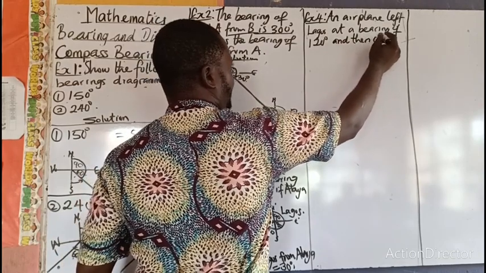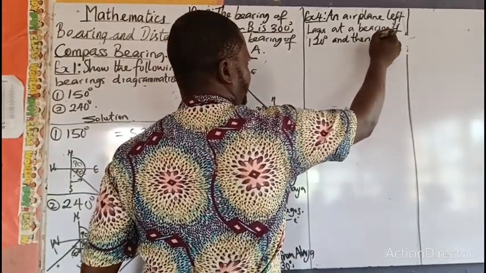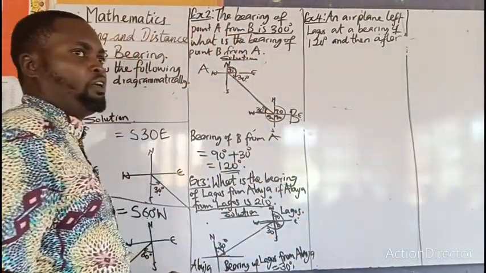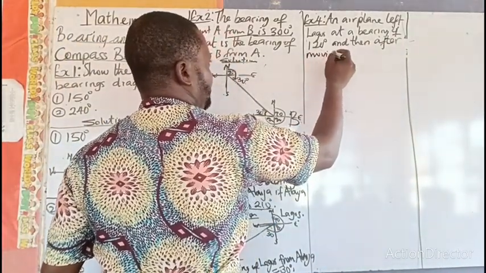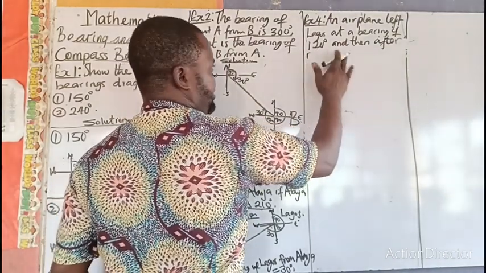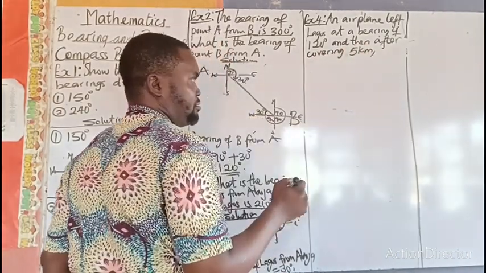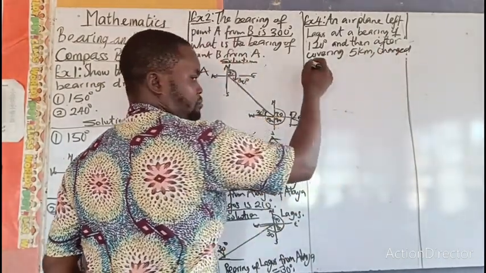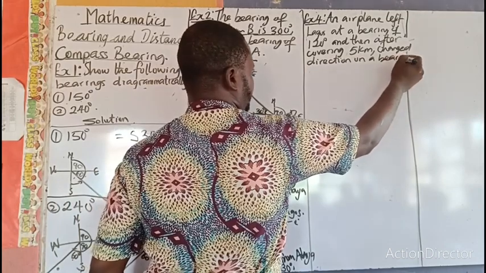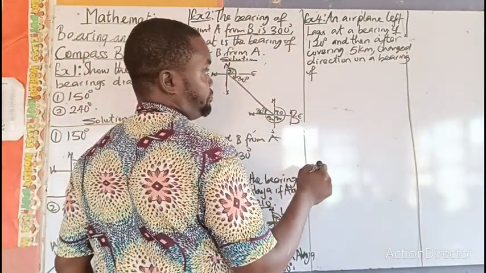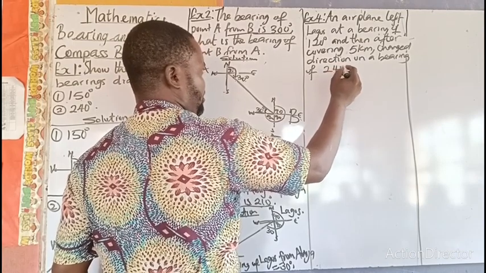And then after covering 5 kilometers, change direction on a bearing of 240 degrees.